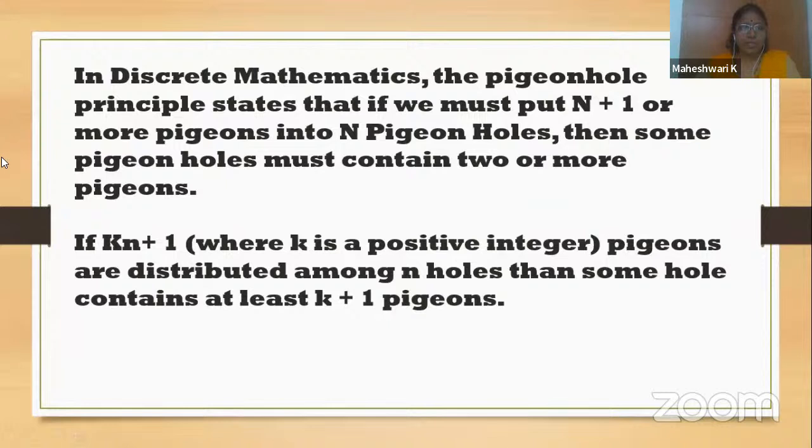This can also be generalized: when you have kn plus 1 pigeons, where k is a positive integer, distributed among n holes, at least one of the holes will contain k plus 1 pigeons.